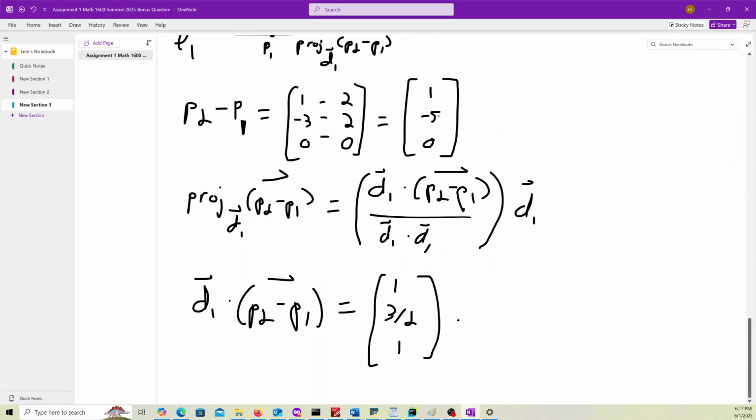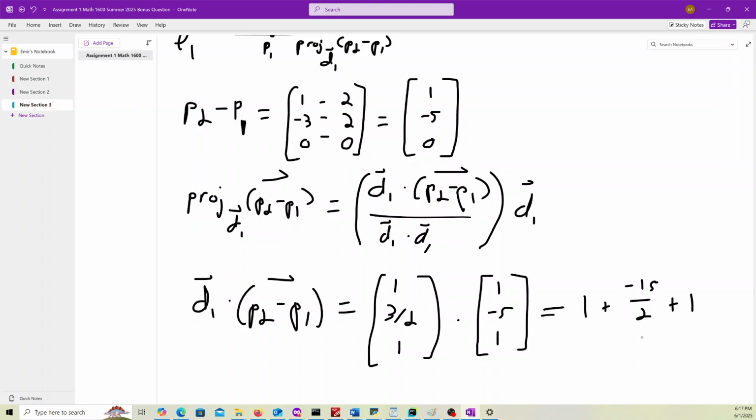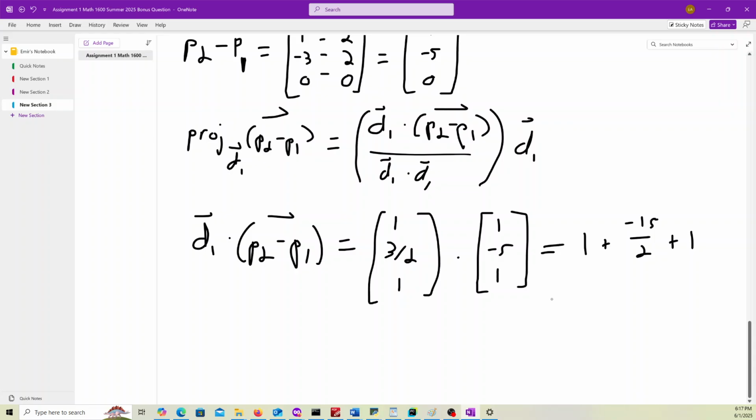Dot P2 minus P1, which is equal to 1, negative 5, 1. So this is equal to 1 plus negative 15 over 2 plus 1, 2.